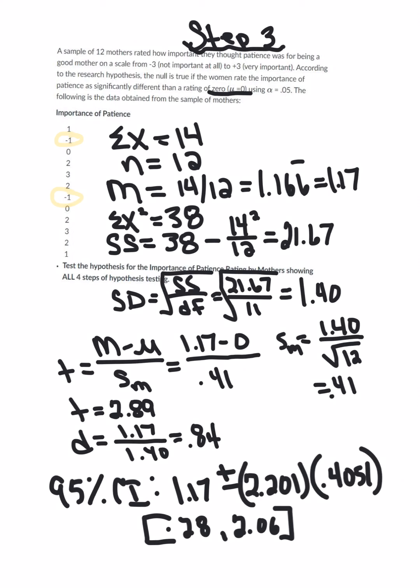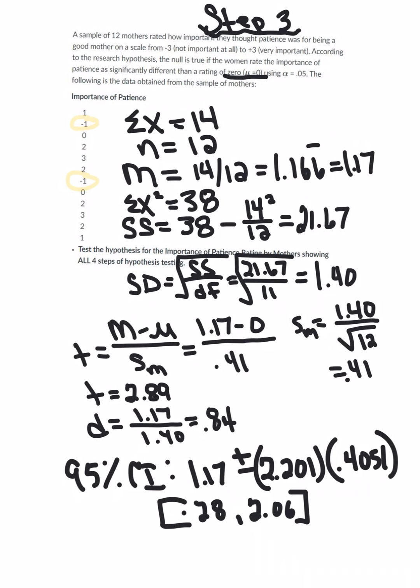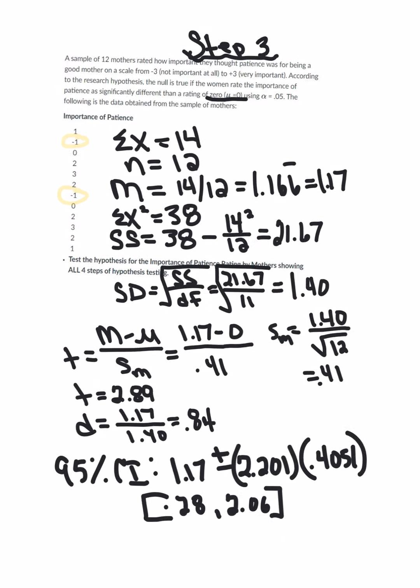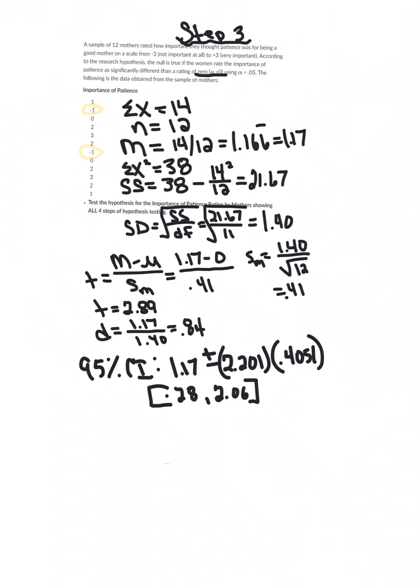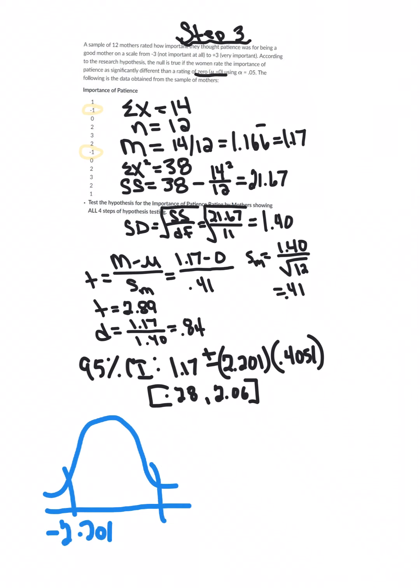So the way that we can do that, if you recall, bear with me one moment, I'm going to squeeze this down even further. Originally, our critical values for two-tail were negative 2.201 and positive 2.201.